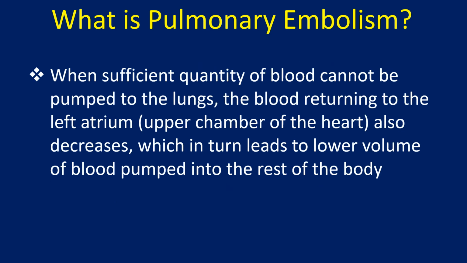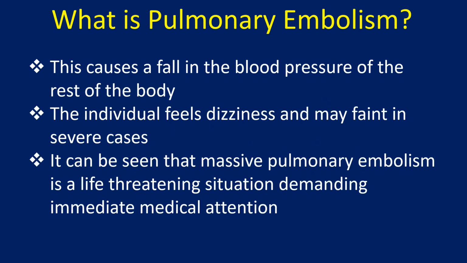When sufficient quantity of blood cannot be pumped to the lungs, the blood returning to the left atrium, upper chamber of the heart, also decreases, which in turn leads to lower volume of blood pumped into the rest of the body. This causes a fall in the blood pressure of the rest of the body. The individual feels dizziness and may faint in severe cases. It can be seen that massive pulmonary embolism is a life-threatening situation demanding immediate medical attention.